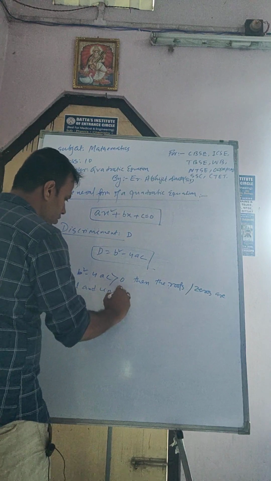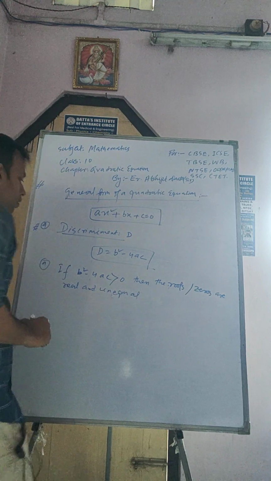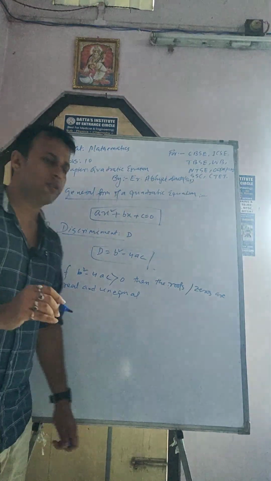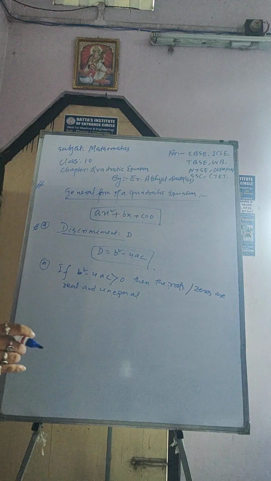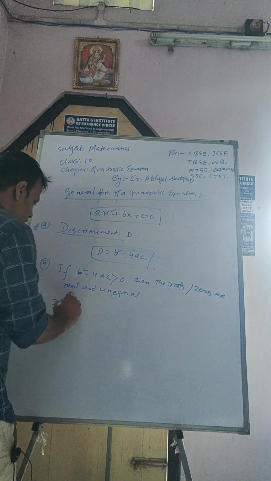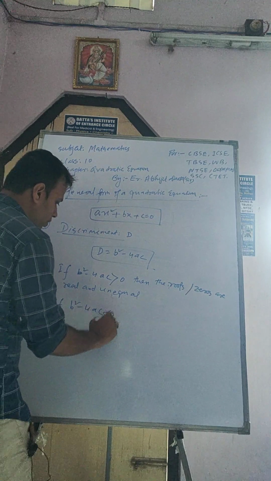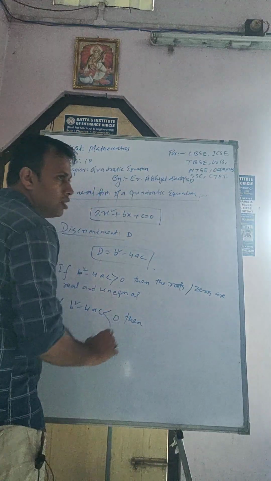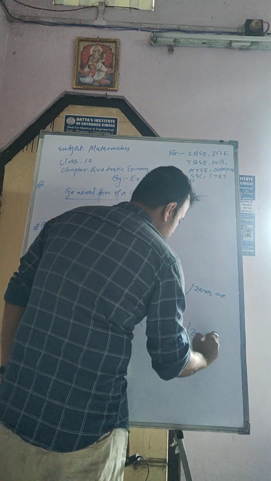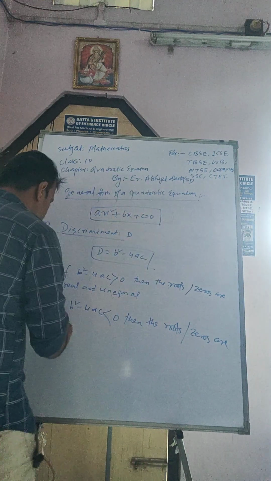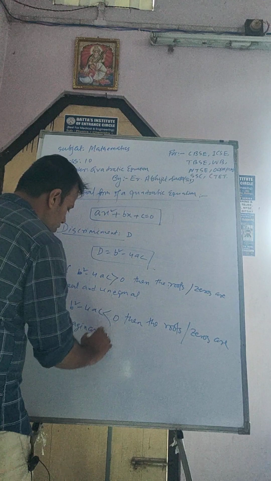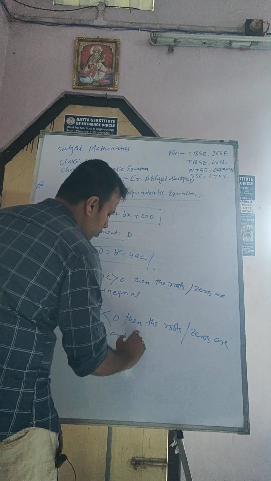Okay, if D is greater than 0, or b square minus 4ac is greater than 0, then the roots will be real and unequal. If b square minus 4ac is less than 0, then the roots or zeros are what? Imaginary and unequal.